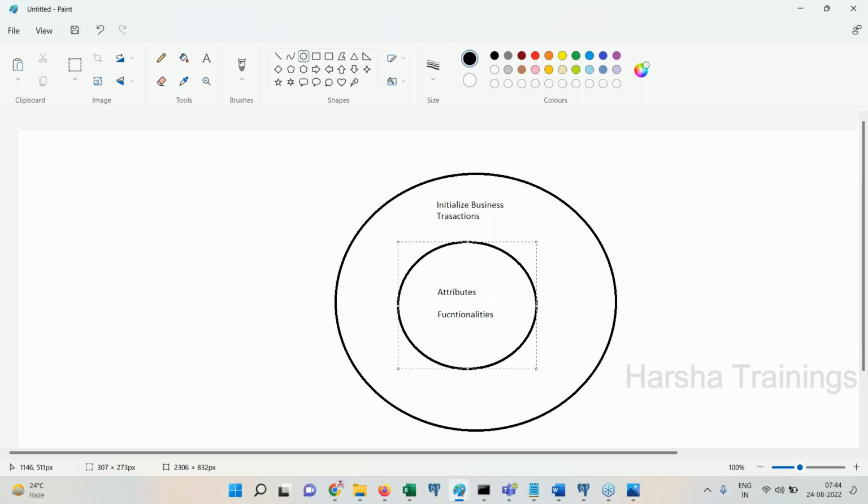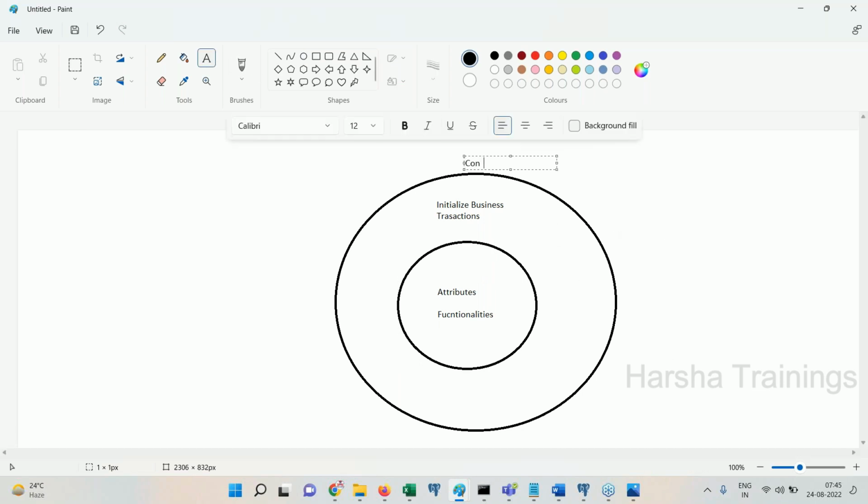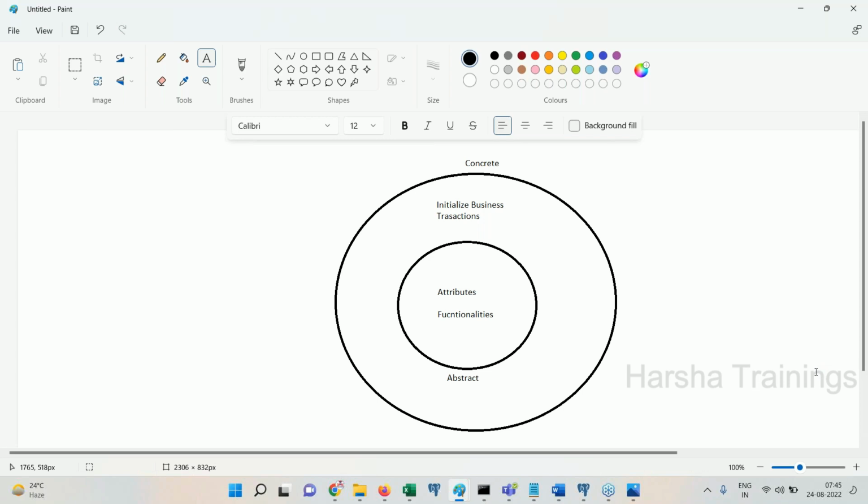Can I draw it here? Whatever the outer one is the concrete class and the inside one is abstract. If you look at this diagram, is the abstract class a subset of concrete or not? The concrete class has all the features that are there with abstract plus an additional feature. What is that? Initializing the business transaction, correct?